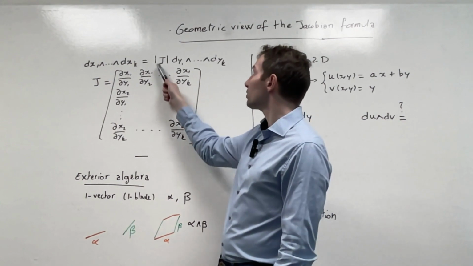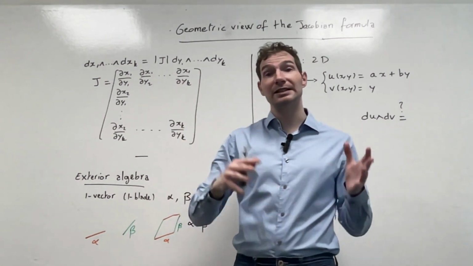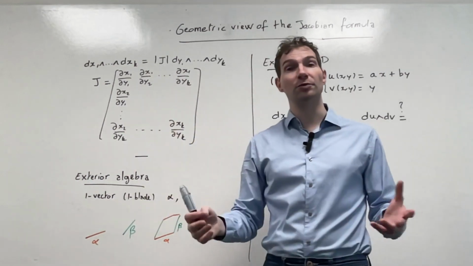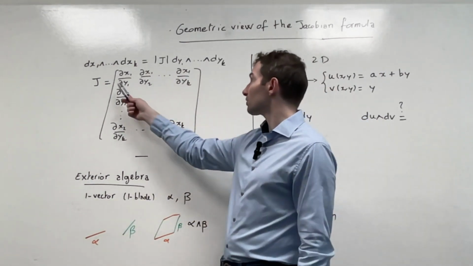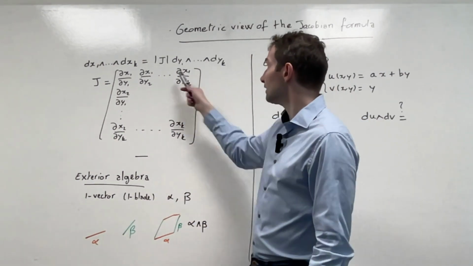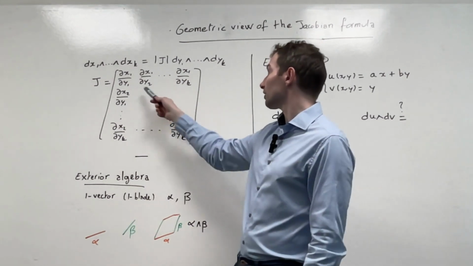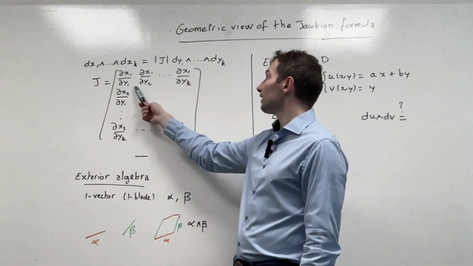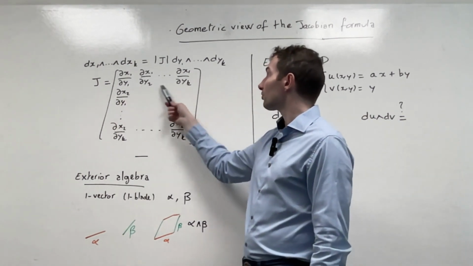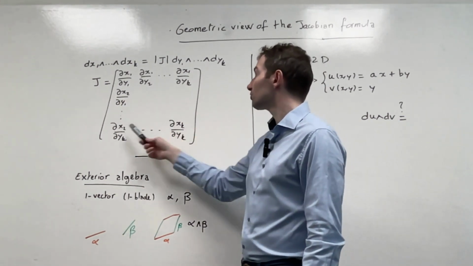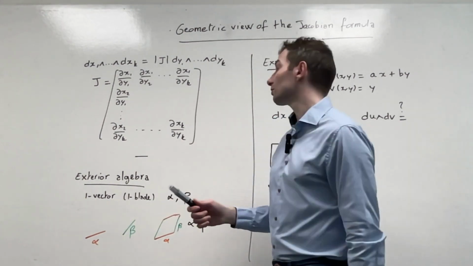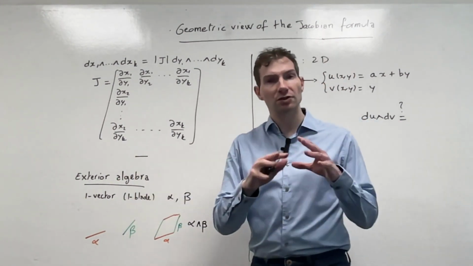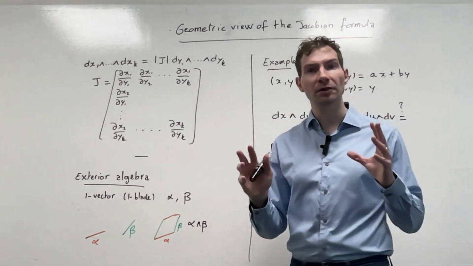And these double bars signify that this is a determinant of a matrix object J, called the Jacobian matrix. This Jacobian matrix is just this object here, where you can complete in all the other cases, but where you've got the gradient, if you will, of x1, here's the gradient of x2, and so on, relative to the new variables yk.